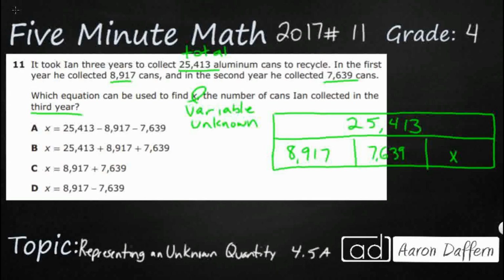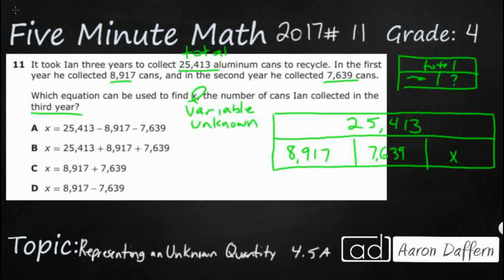Well, if this were a normal part-part whole, which is only 2 parts, and I had a number here and a number right here, I would just subtract this number from my total to get that missing number, right?